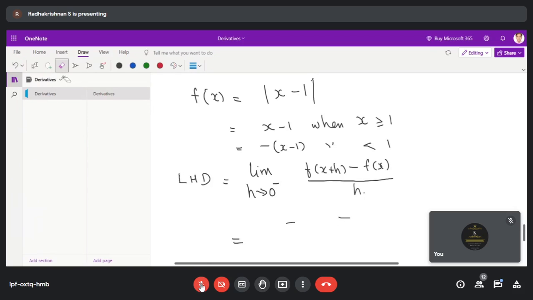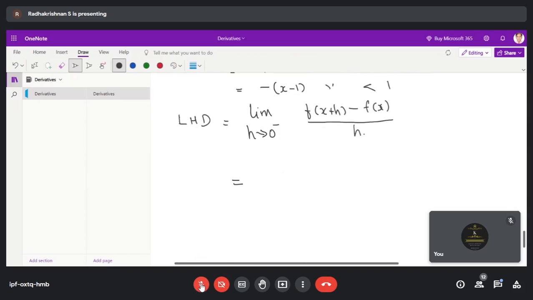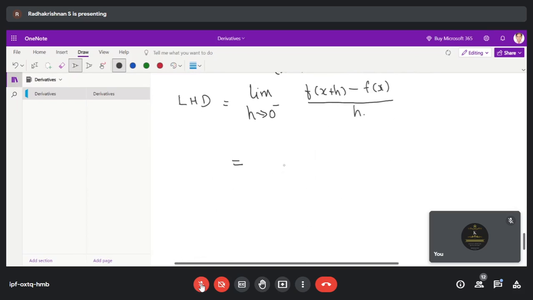We are trying not just the modulus function, but we are trying to find it out at x equal to 1. So at x equal to 1, we take it as limit x tending to 1 minus.